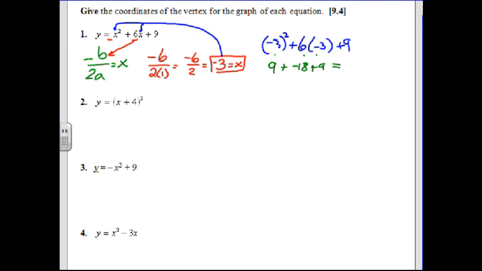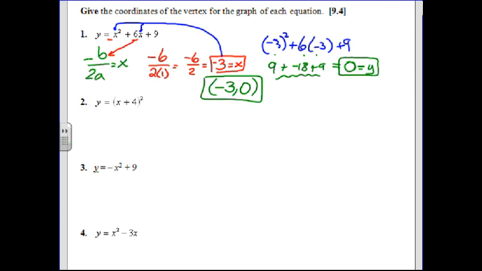If you add all this up, 9 plus negative 18 is negative 9, and the negative 9 and the positive 9 is 0. So all this ends up equaling 0. That's equal to y. That's your y value. So my answer is negative 3, my x value, and my y value is 0.